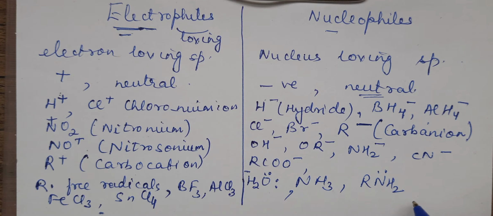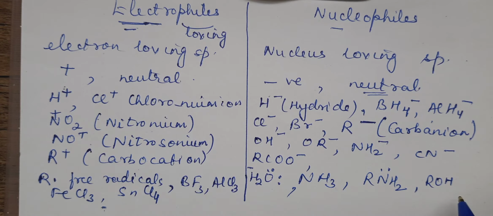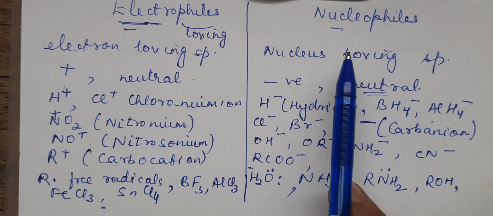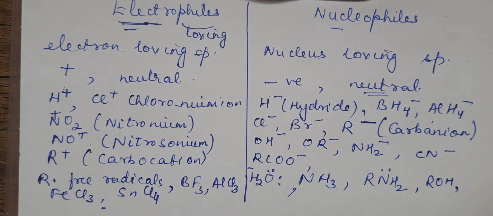I'm writing a few. You can have alcohol, ROH. Then you may have the substituted derivatives of it. Many more might be there, but we are not writing all examples. As you are doing organic chemistry, you will come across many species, but you can just keep in mind: what is a nucleophile? Nucleus loving, positive loving.